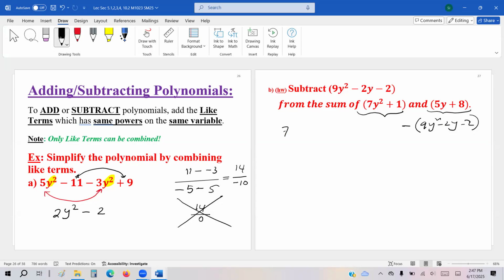Add them. So 7y squared plus 1 plus 5y squared plus 8. In addition, we don't have to use parentheses, but in subtraction, we have to put parentheses. So sum means sum, and subtract means you're subtracting. And you're subtracting more than one quantity, so we have to put parentheses around whatever we are subtracting.